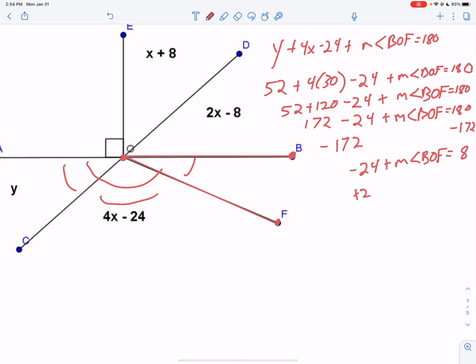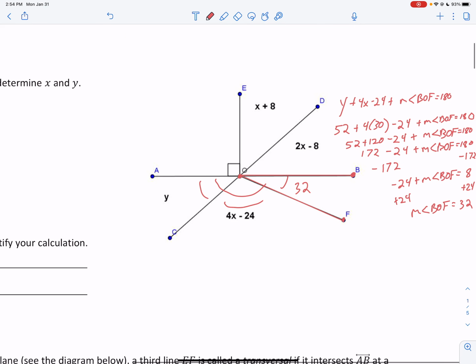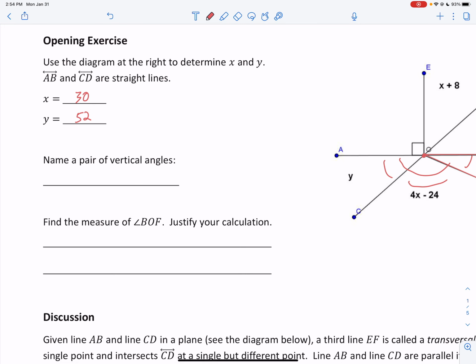Now let's add 24 to both sides. Messing with smaller numbers is a little bit easier. Sometimes breaking up our operations can make our brains work better. But either way, the measure of BOF is 32, and you can actually just go back in and plug this in and just confirm. So justify your calculation. So we have 32.